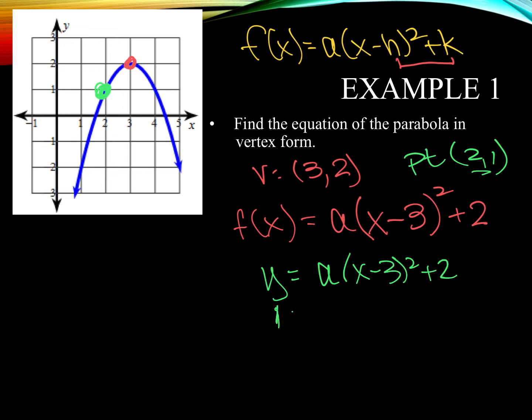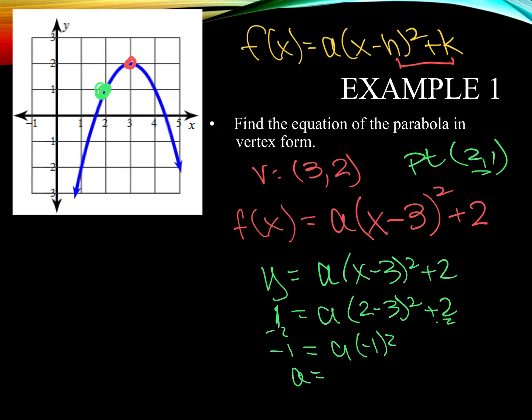So my y value is 1 equals a times the quantity of my x, 2 minus 3, squared plus 2. If I subtract 2 from both sides, I get negative 1 equals a times a negative 1 squared. Well, a negative 1 squared is going to give me a positive 1, so I really end up with a value of a equals negative 1.